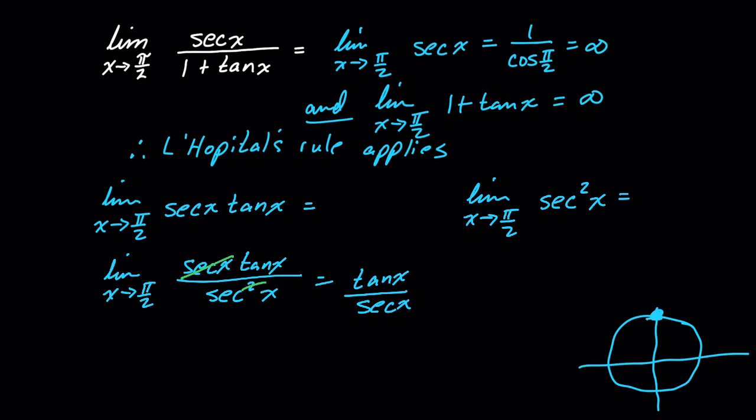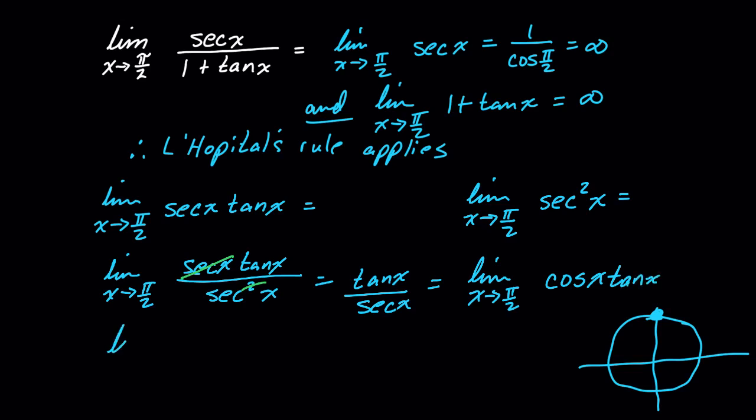And let's do a little trig magic here to reduce this some more. All right, so 1 over secant is the same thing as cosine. So this would be equal to the limit as x approaches pi over 2 of cosine x times tangent x.